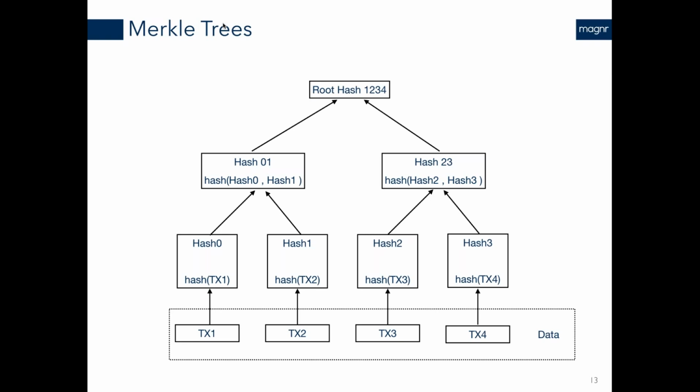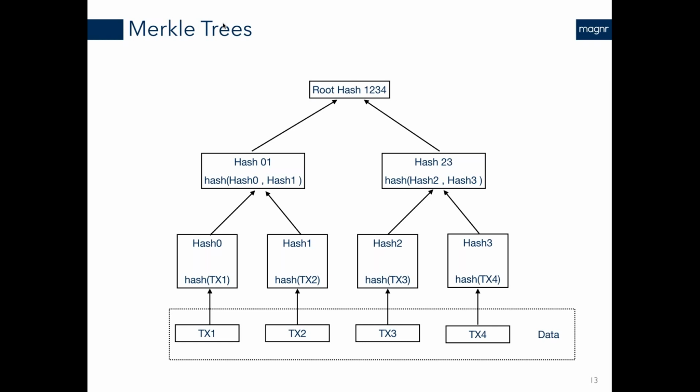If we then, in a tree form, take hashes 0 and 1 and hash those to create a parent hash 0,1, and we take hashes 2 and 3 and hash those together to create a parent node 2,3, we then repeat that process all the way back to the root node.